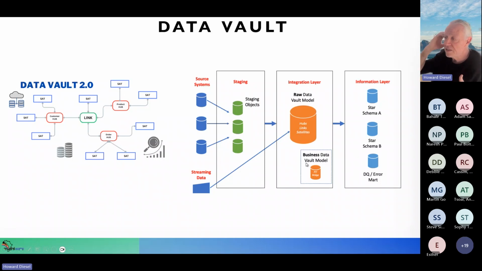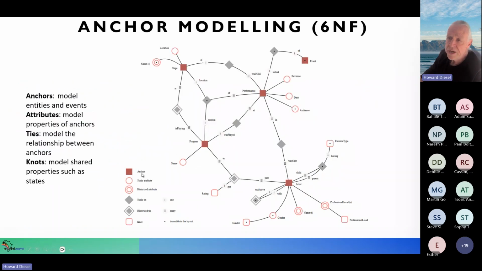And then the business data vault is more of a conceptual collection of the data coming together. Okay, and then it goes downstream into your star schemas, into your normal dimensional modeling. So Data Vault has not removed dimensional modeling, but it's just over here. Data Vault actually replaced the enterprise data warehouse or the third normal form relational database. That's what it replaced.